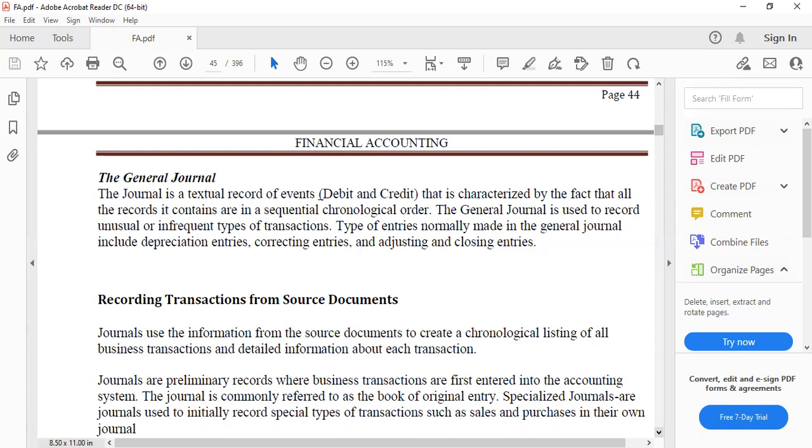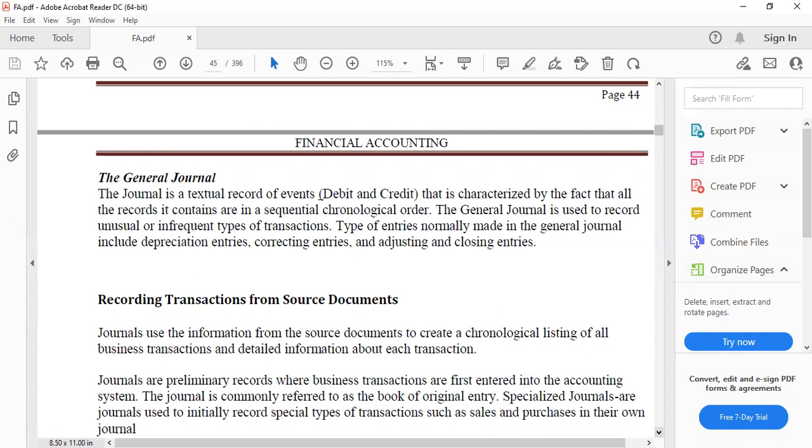Now, we have mentioned the prime books above, but there are some transactions that occur but they cannot belong to those prime books. A good case is depreciation. When an asset loses value, you don't have a journal to represent that.